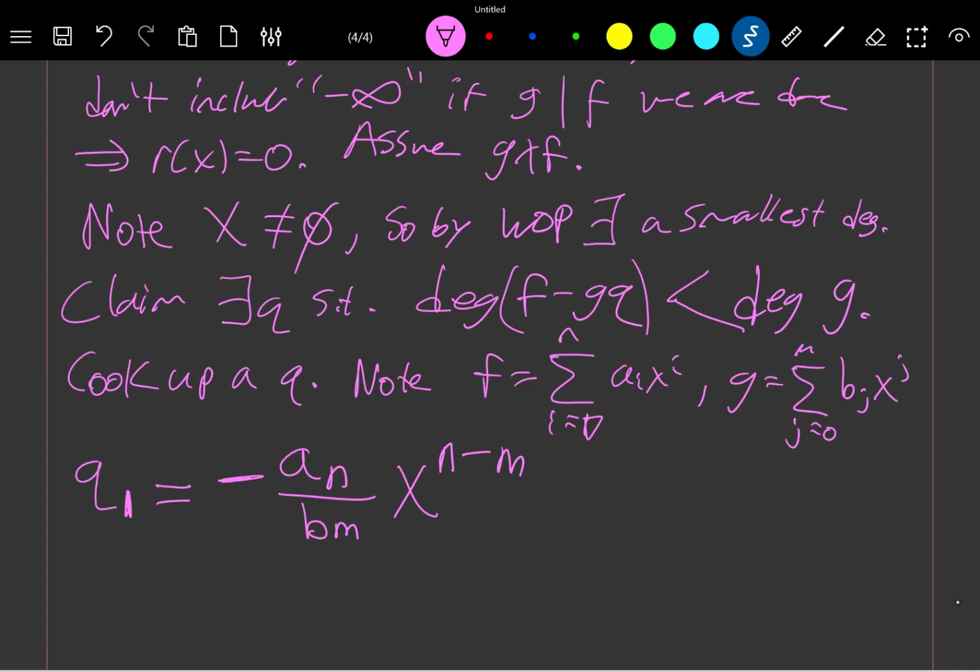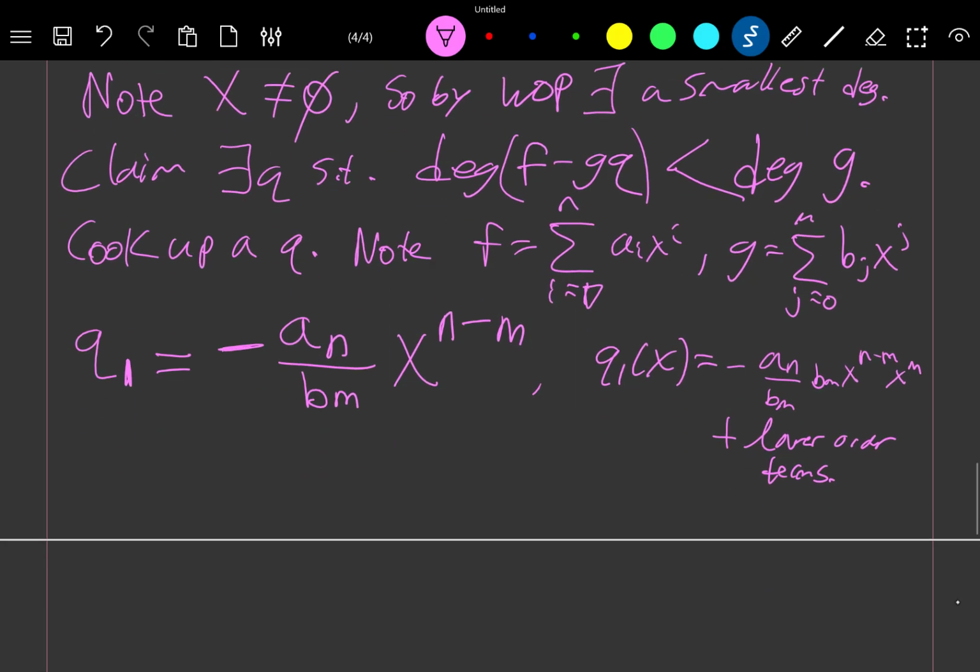So what we're doing here is, if we consider q1 of x times g, this is going to look something along the lines of negative a_n over b_m x to the n minus m times b_m x to the m, plus lower order terms.